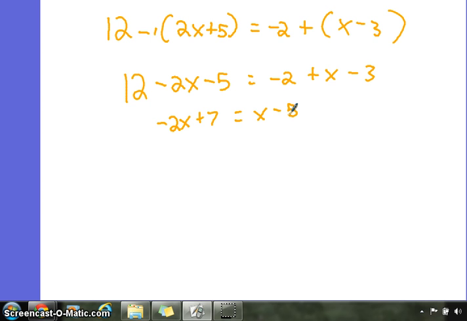Okay? Right? Then I want to take care of my variables. So by taking care of my variables, I'm going to add 2x on both sides. I like to keep these positive. I get 7 equals 3x minus 5.